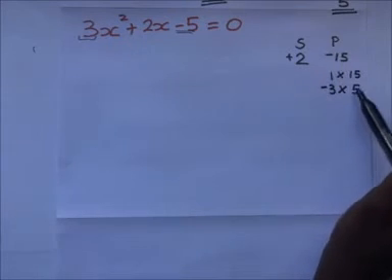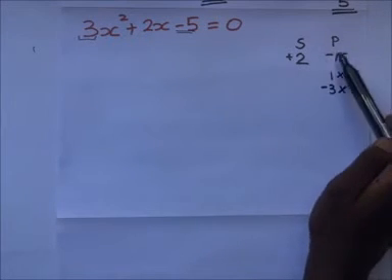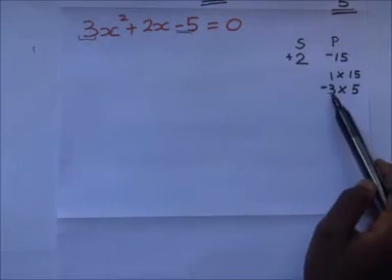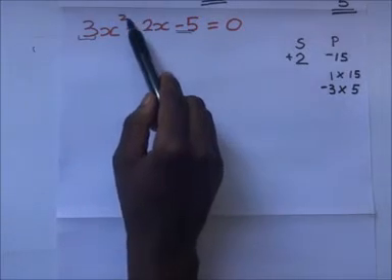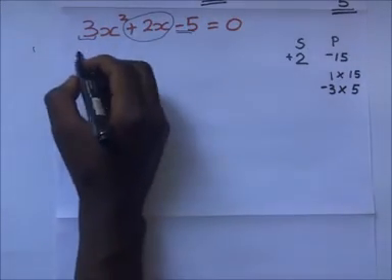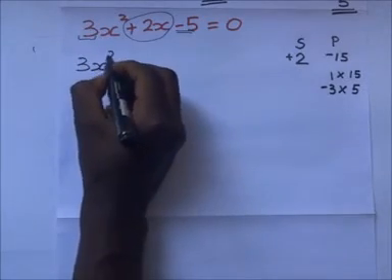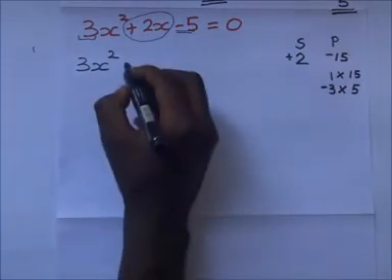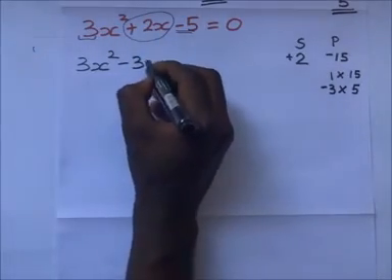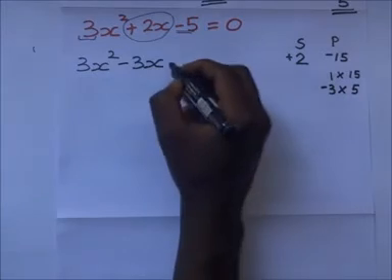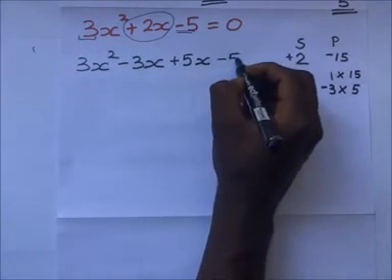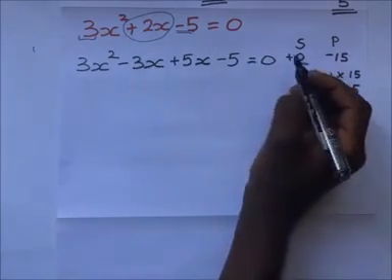So these two numbers satisfy that condition, so we are going to use them to replace this middle term. So our next step here will become 3x squared minus 3x, we are now replacing this middle term, so it's minus 3x plus 5x minus 5 is equal to 0.